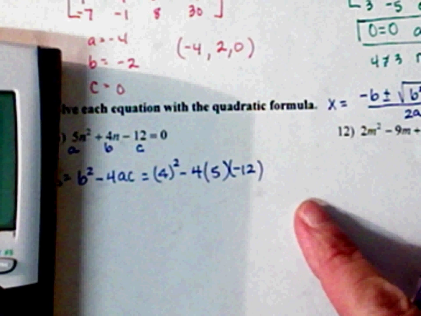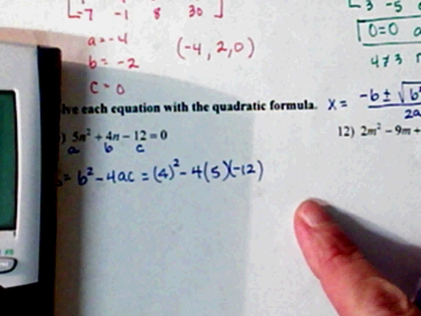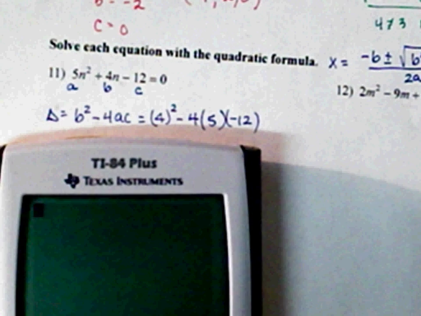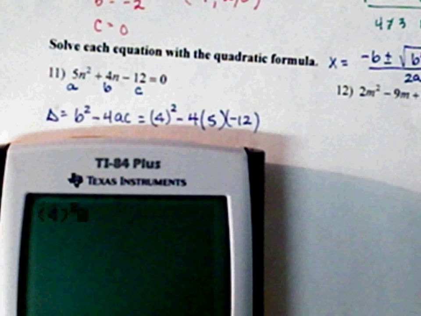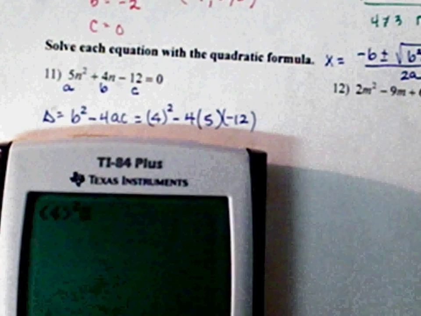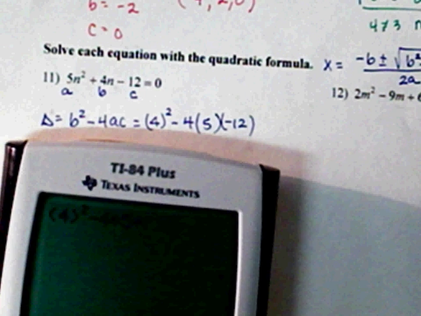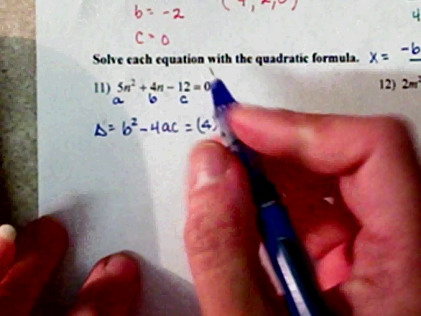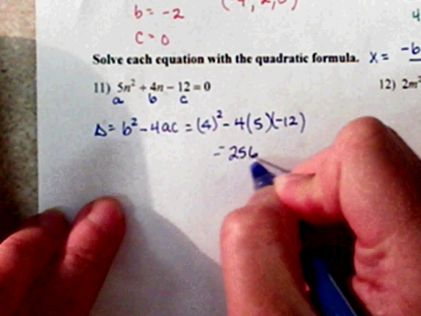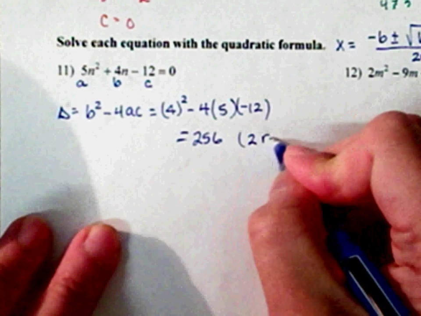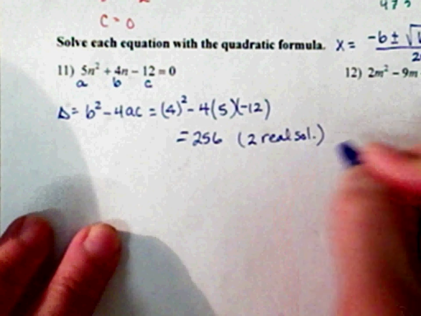Okay? So you can type that into a calculator. Parentheses 4 squared. Make sure you put parentheses around it in case you have a negative. Minus 4 times 5 times negative 12. Comes out to be 256. You notice how that's a positive number, so you're going to have 2 real solutions, no i in your answer.